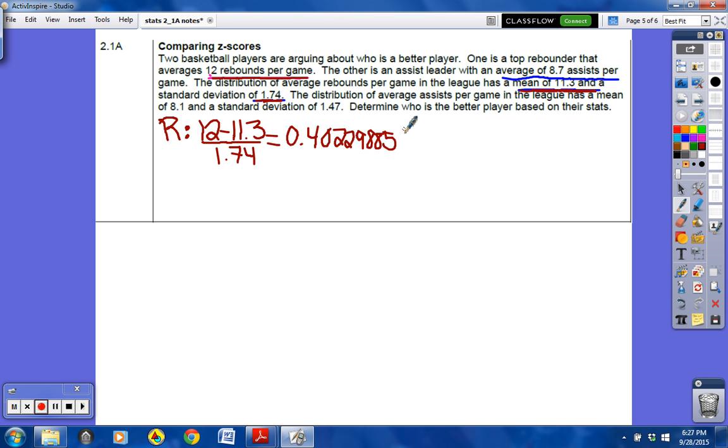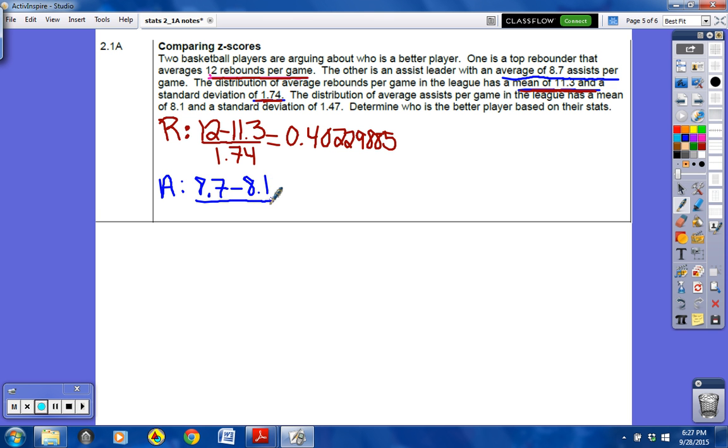Okay, now we're going to go ahead and take a look at that assist leader. So the assist person, they have 8.7 assists per game. And the mean for assists is 8.1.